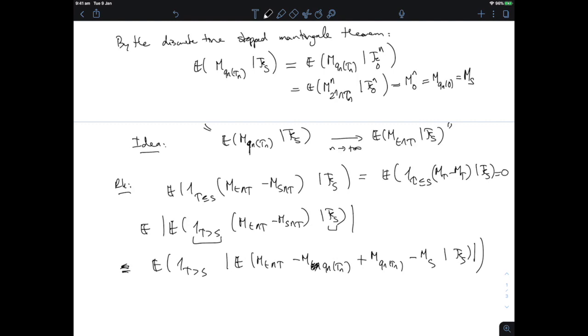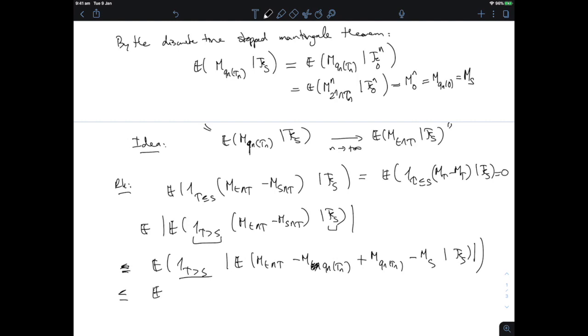But now I can just use Jensen's inequality in all of this, and I can get that this is smaller than the expectation. I can integrate over a bigger set and forget this indicator function.